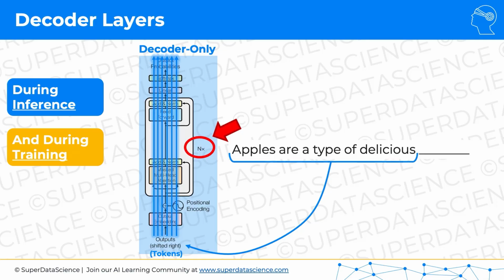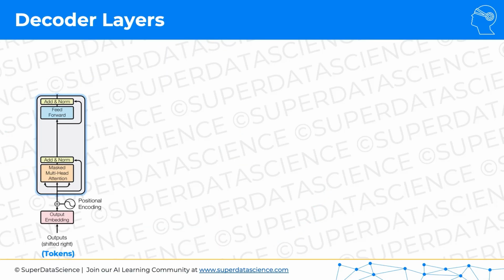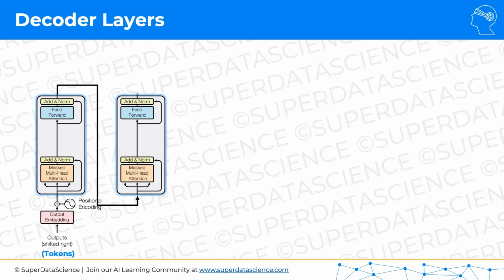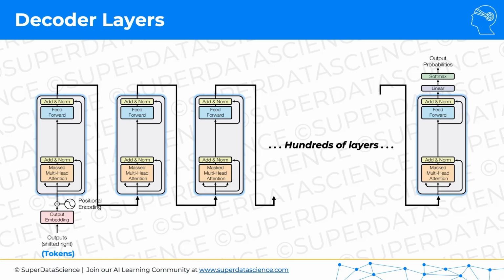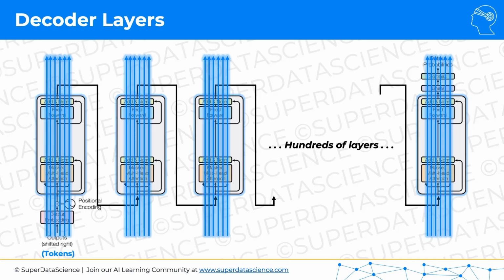When the vectors get to the end of the decoder, just before the softmax and linear transformation, let's say up to over here, what will happen next is, instead of the softmax and linear transformation, they will be put into another layer of the decoder, and then into another layer of the decoder, and then dozens, potentially hundreds more times, and then it will go through the linear and the softmax. And this is what architecturally it looks like. So these vectors will go here, then they keep going, and so on.